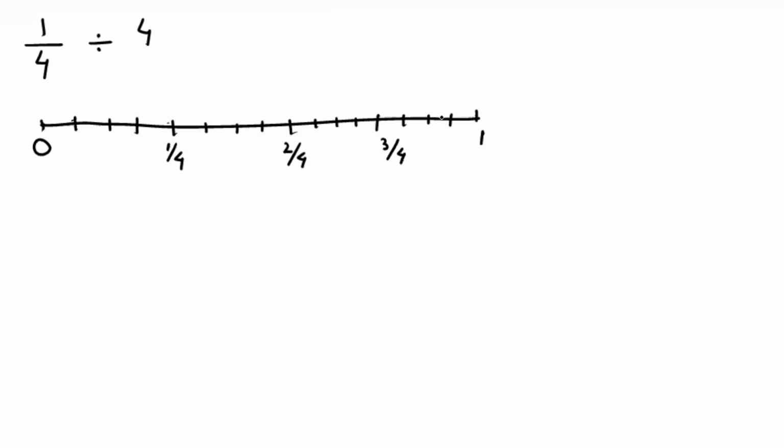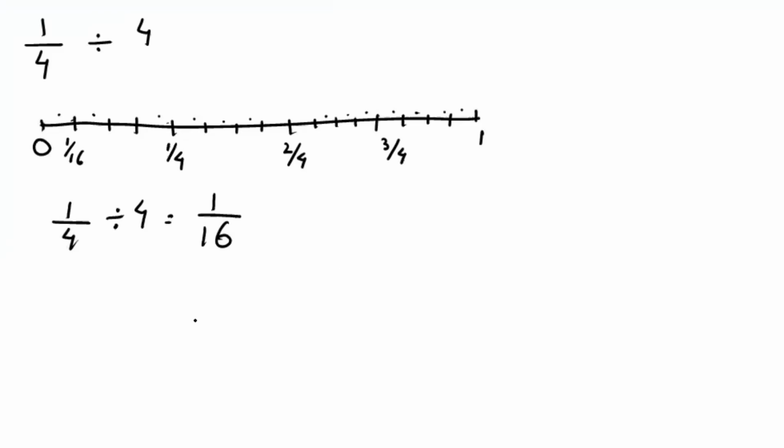Now we have to count how many pieces the number line has been divided into. 1, 2, 3, 4, 5, 6, 7, 8, 9, 10, 11, 12, 13, 14, 15, 16. So it will be 16. So 1/4 divided by 4 will be 1 over 16. Understand how we can do it with the help of the number line?